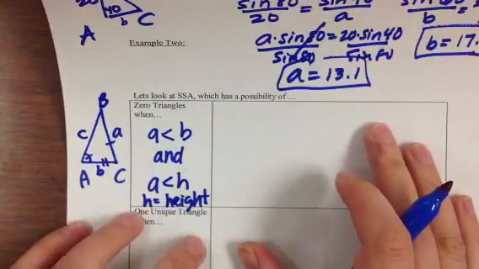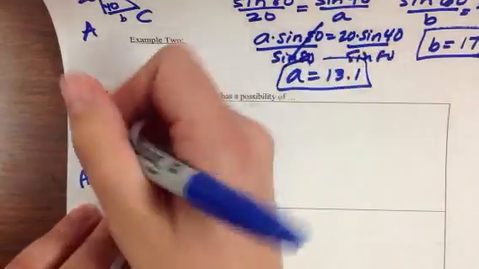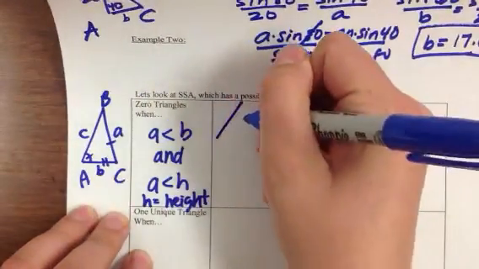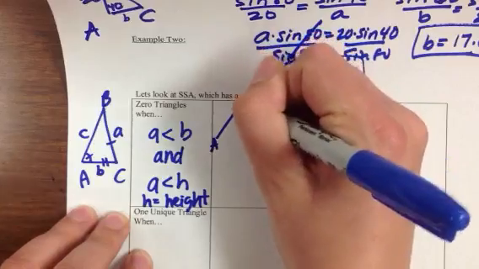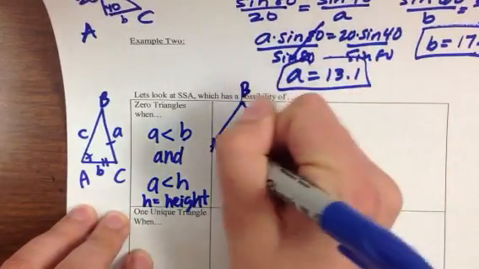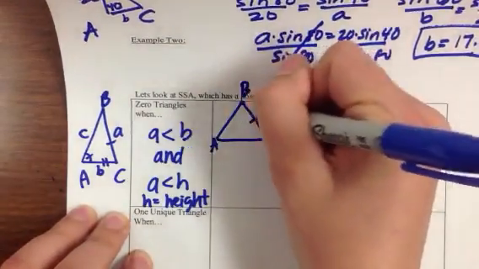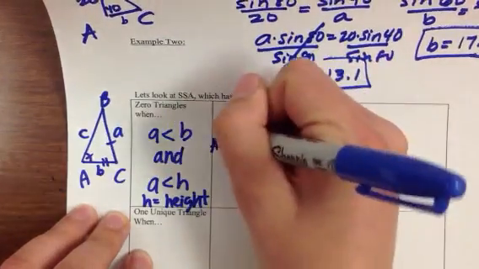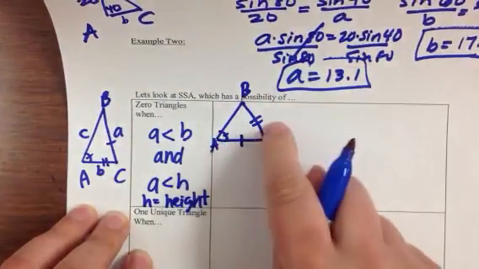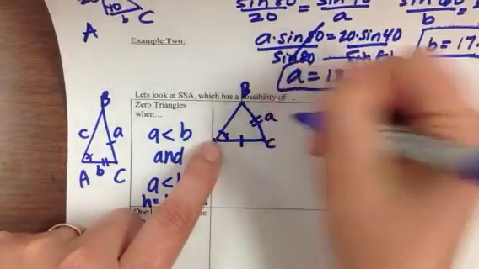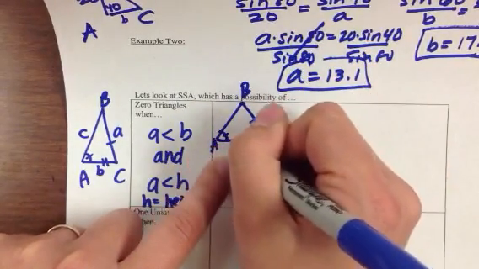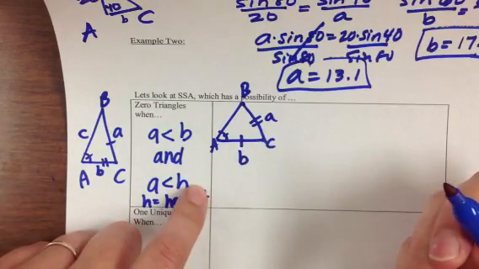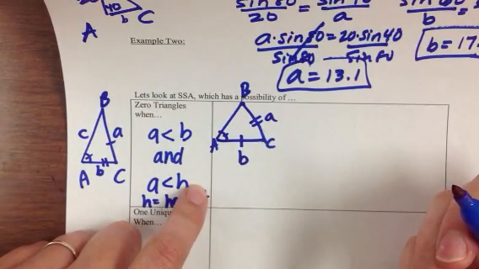So if I think about this, well, I'm not given the height, but you can always calculate it. So if I redraw A, B, C, and again, saying you know side B, and you know angle A, so you know side A, which is across from the given side. If I had to find my height, height is always found by dropping an altitude between the 2 given sides.